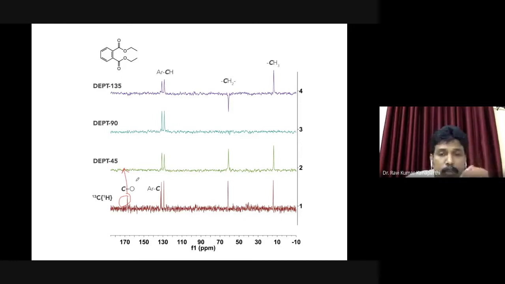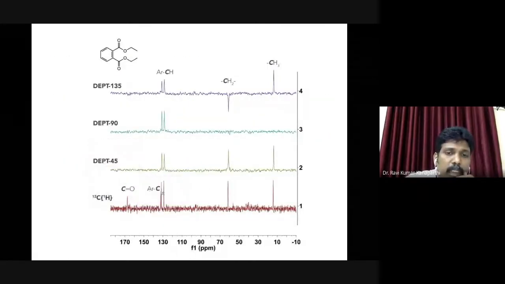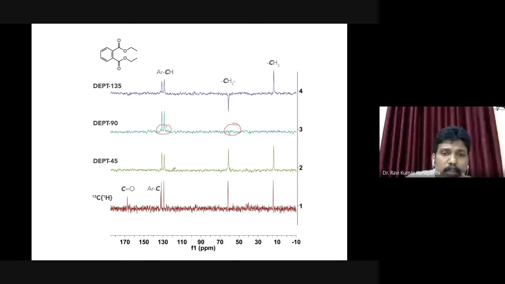So point number 1. And then when you go to the DEPT 90-degree scan, there is no other signal except these 2. You have 4 signals here in the 45 scan. These are all maybe a primary, secondary, or tertiary. We don't know what it is. Quaternary is totally absent.